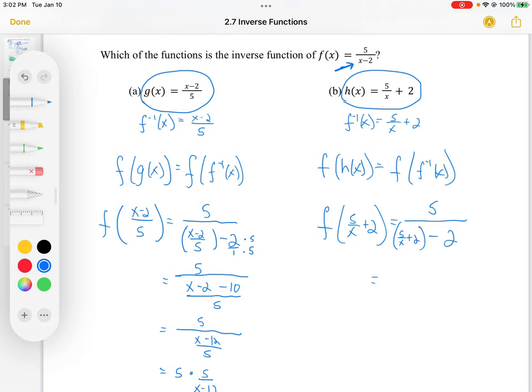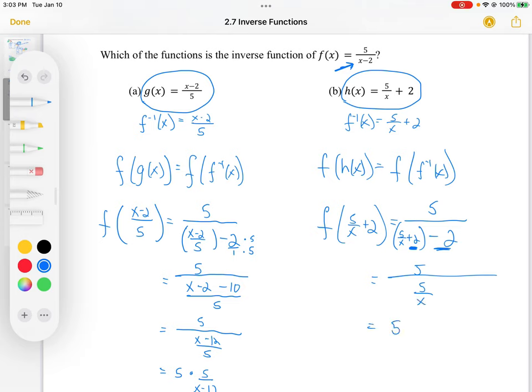If you haven't noticed, sometimes the algebra is a little intense when we're verifying algebraically. In my denominator, I was going to find a common denominator, but first I can drop the parentheses, because I don't really need them there. The 2 minus 2 is going to cancel out to 0, so I'm left with 5 over x in my denominator.